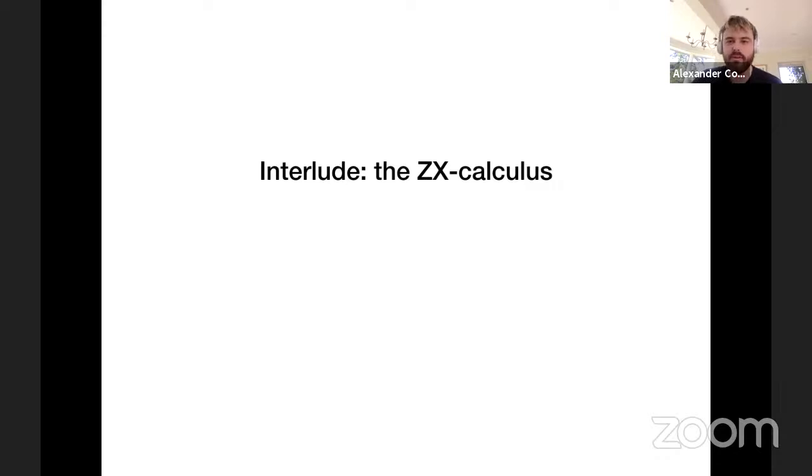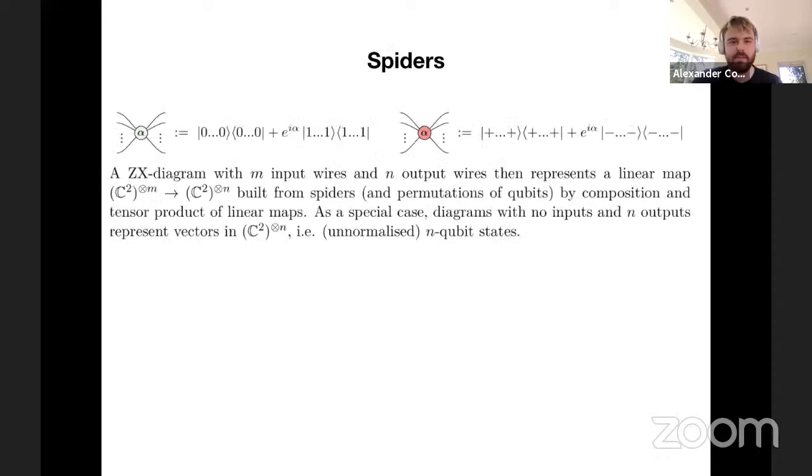and I want to take you on a brief interlude to discuss the ZX calculus, which gives us a nice representation of what we'll do next. So we have a bunch of spiders, which you can think of as being tensors in some tensor network, and wires between them, which we're going to contract over in terms of this tensor network.